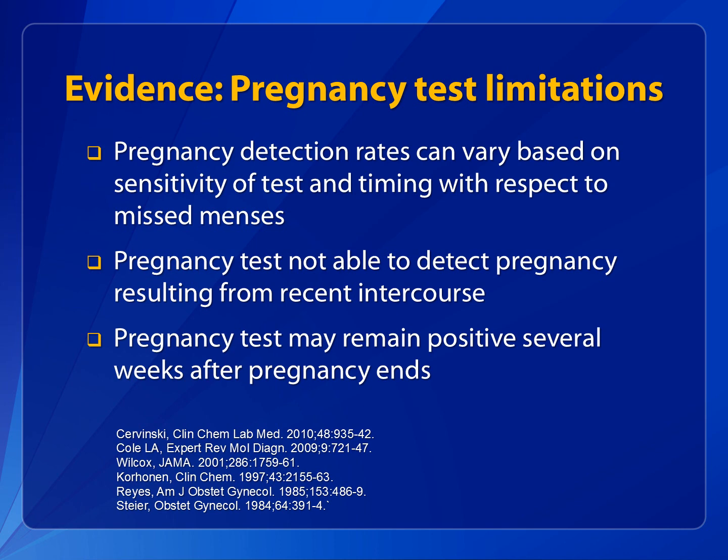Pregnancy detection rates vary depending on the sensitivity of the test and the timing of testing with respect to missed menses, last intercourse, or last pregnancy. False negatives may occur with recent intercourse, while false positives may occur after a recent pregnancy.